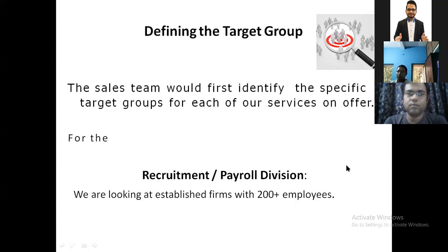Plus, they will have a set process of HR rules. Plus, a company with 200 employees will have a well-defined turnover ratio. Turnover ratio basically means the number of people joining vis-a-vis the number of people leaving. A company with 200 people will have around a 14% turnover ratio, which is the normal average. So we are still looking at at least 2 or 3 positions every month.